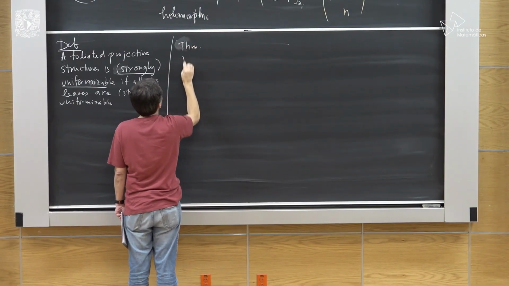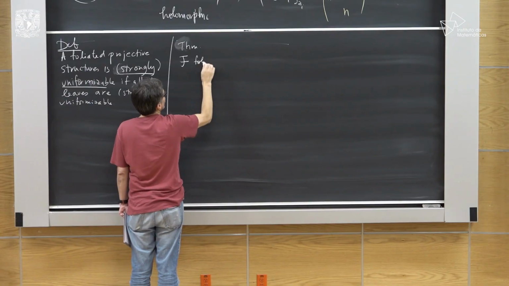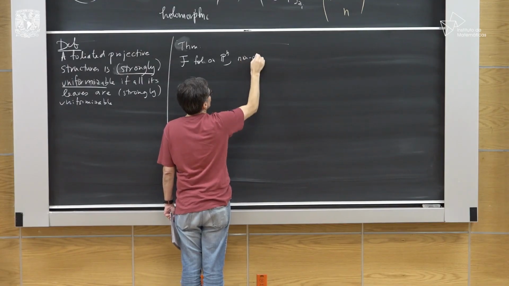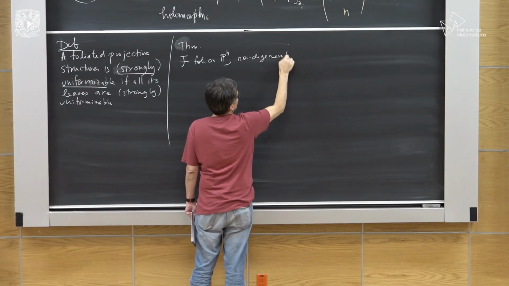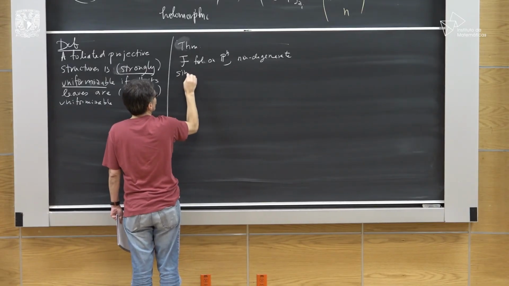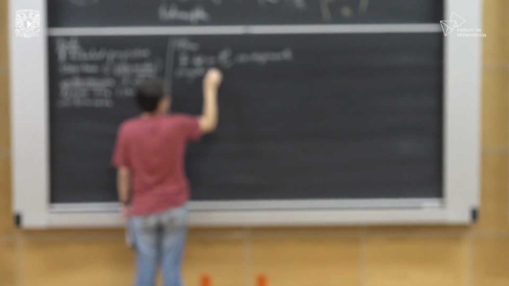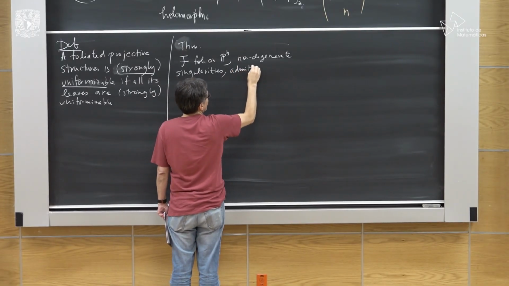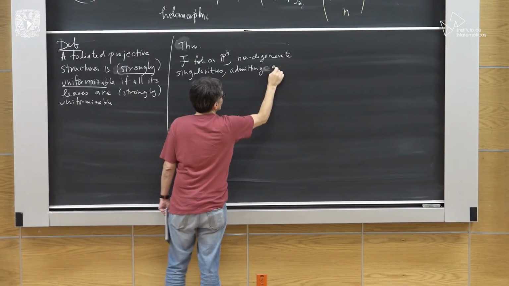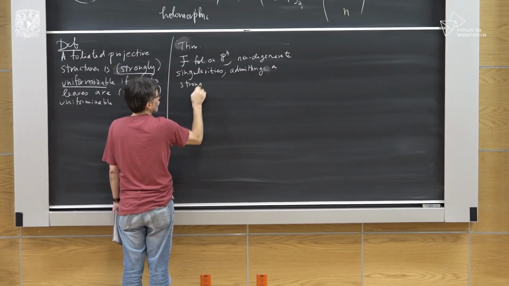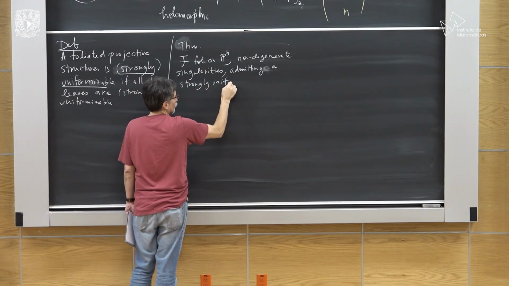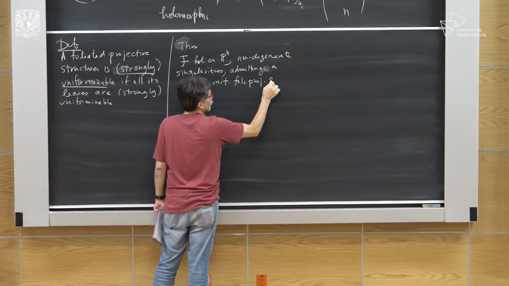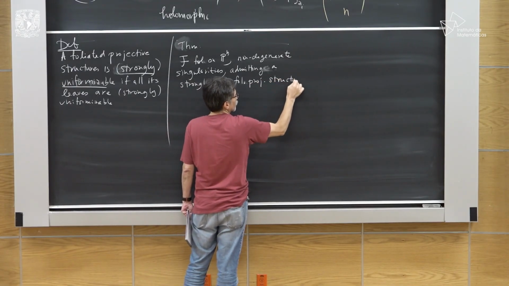So you take, again, F, a foliation on Pn, with non-degenerate singularities, admitting a strongly uniformizable foliated projective structure.